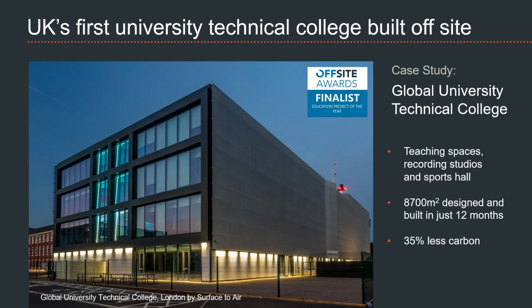In just 12 months, a full turnkey solution was engineered and precision built to deliver a truly inspiring space for the young minds to learn, develop and hone their skills, while at the same time generating 35% less carbon.